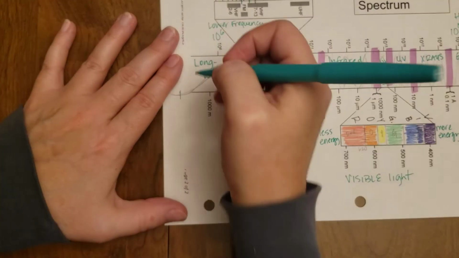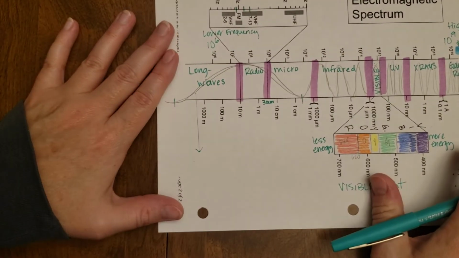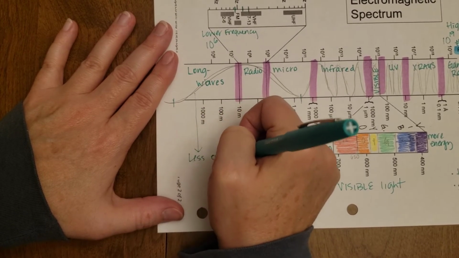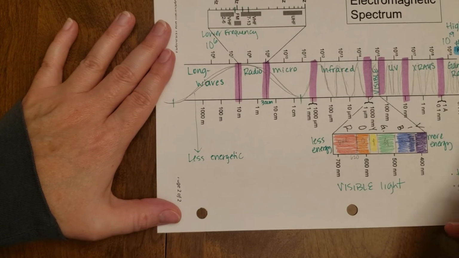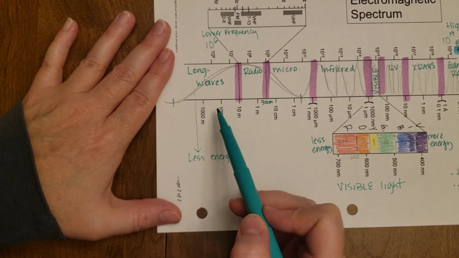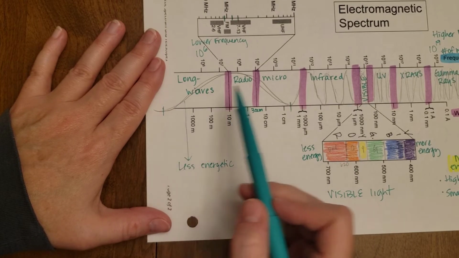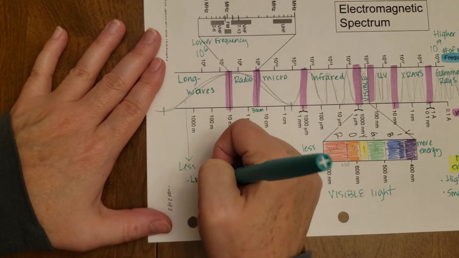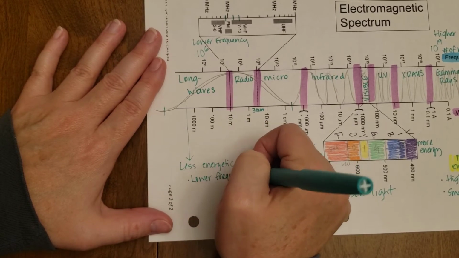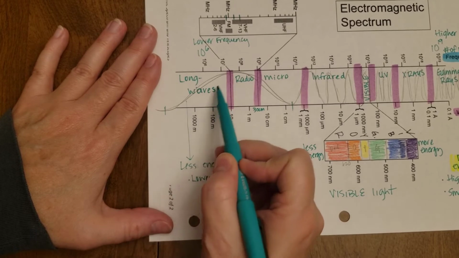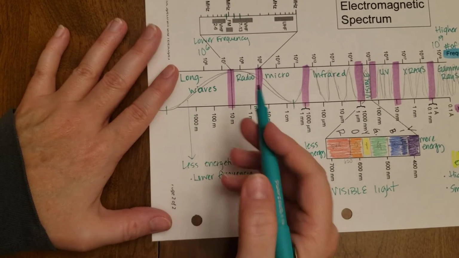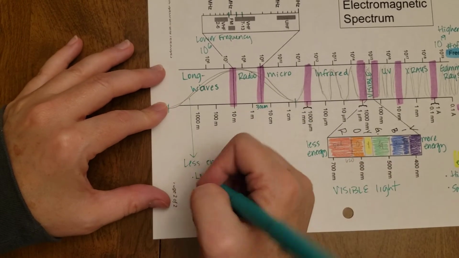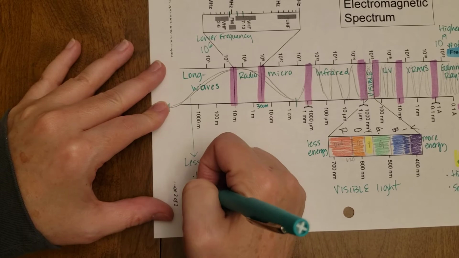So on this side, when we have long waves, we're going to say less energetic, because they have a, nope, I'm so sorry guys, they have a lower frequency. Lower frequency means in 1 second, you're going to have less of these waves roll past you. And with a lower frequency, you're spreading out the wavelength, so you have a higher wavelength.